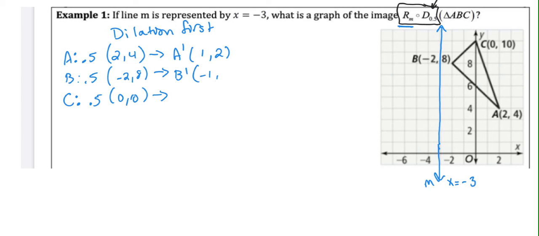B prime is -1, 4. And C prime is 0, 5. So we can draw it. 1, 2 is A prime. B prime is -1, 4. And C prime is 0, 5.